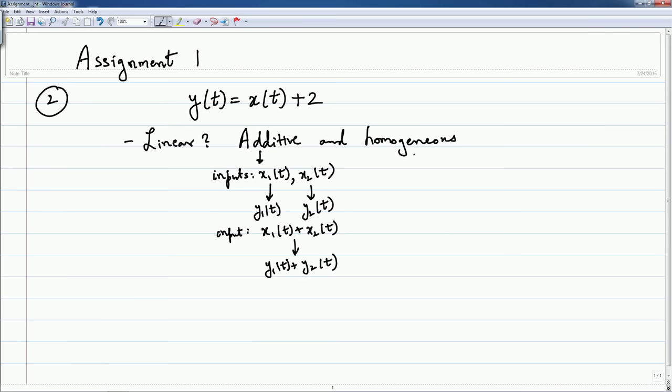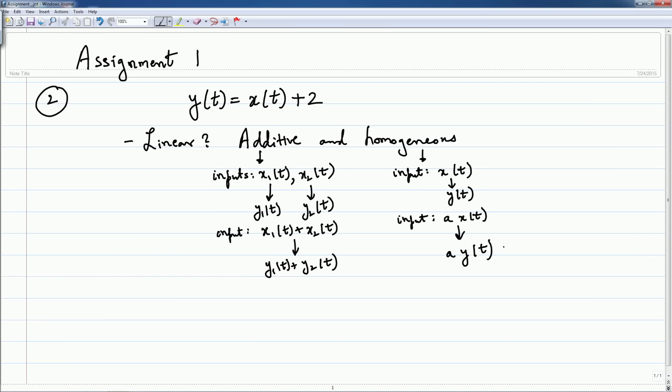What is the definition of the homogeneous property? If you have an input x of t which produces an output y of t, and then you look at the input a times x of t, where a is in general a complex number, you should get the output a times y of t.